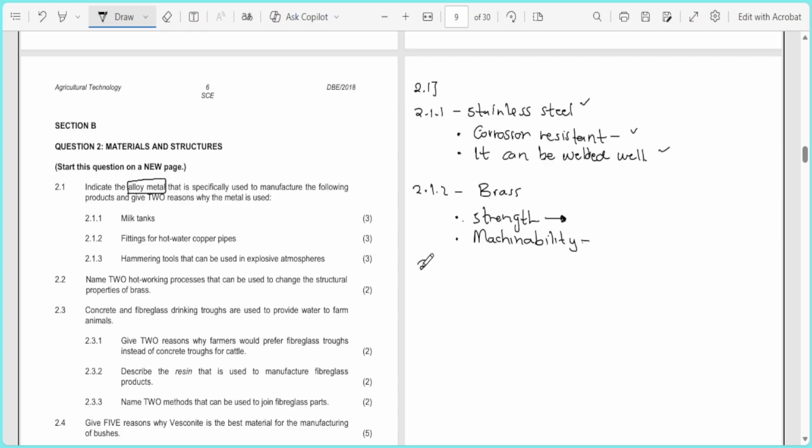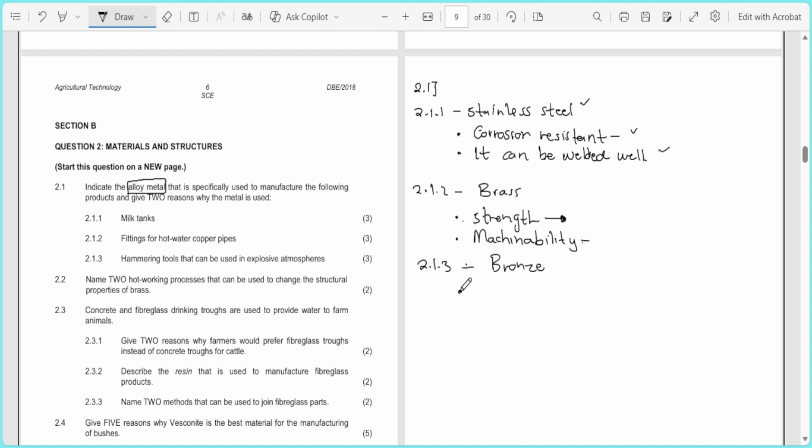Now for 2.1.3, we have hammering tools that can be used in explosive atmospheres. I think bronze is a better option.